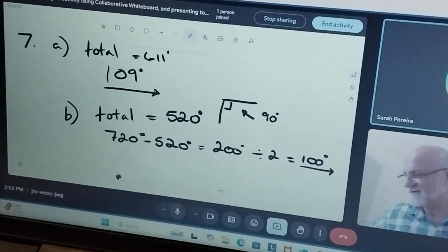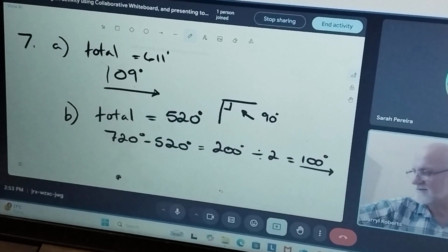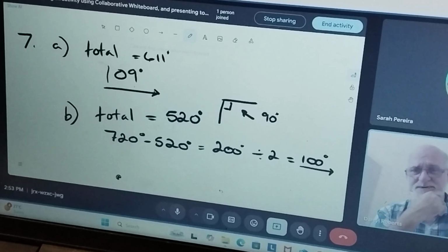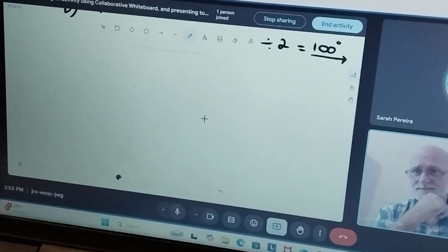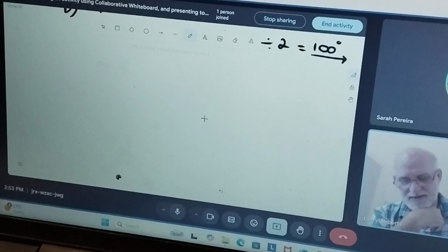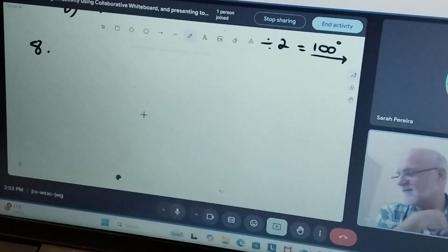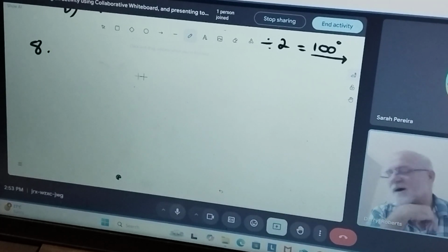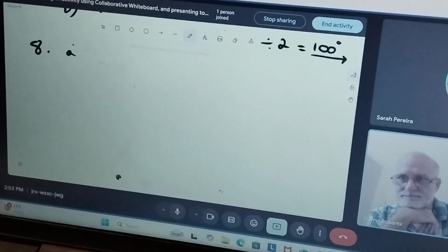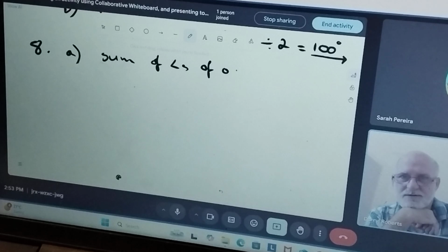Look at you. Right. What happens, Sarah, when we're now not working with a hexagon anymore, which was nice and easy, it was 6 sides, we figured out the 6 sides add up to 720. We now want the sum of the angles of an octagon.